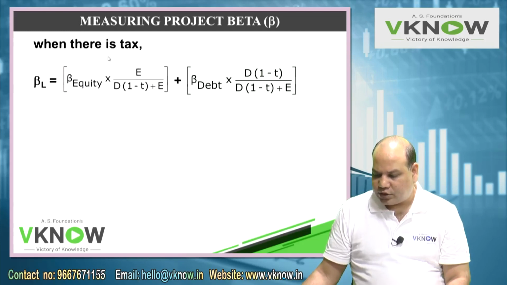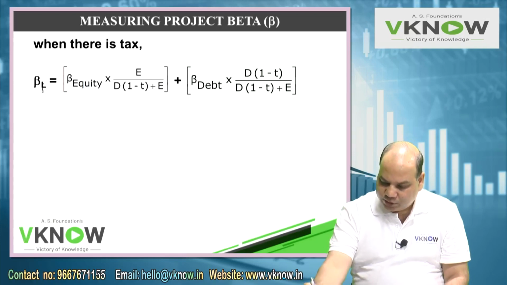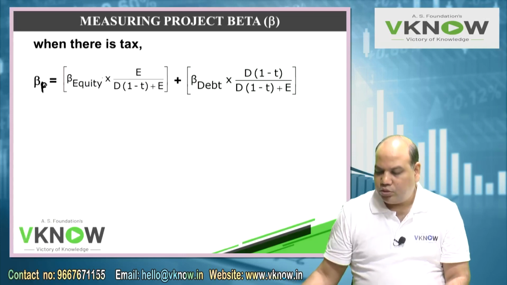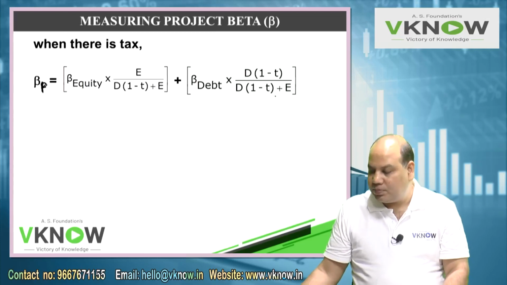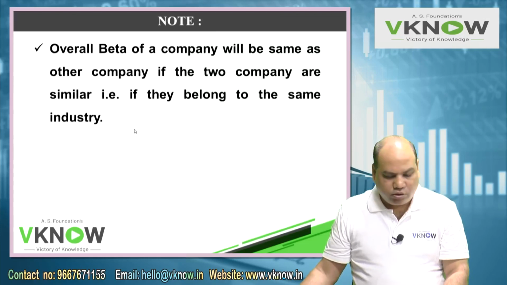And when there is taxation, D will be substituted by D into 1 minus T. So now the beta of the project will become equal to beta of equity into E upon D into 1 minus T plus E, plus beta of debt into D into 1 minus T upon D into 1 minus T plus E. So look at the problem whether tax is given or not.